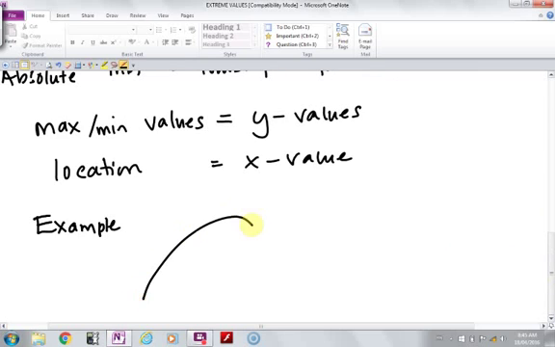if I have a graph that looks like this, okay, I have two extreme values here. Okay. Anyone want to take a guess at what I've got? Where will my minimum value occur?